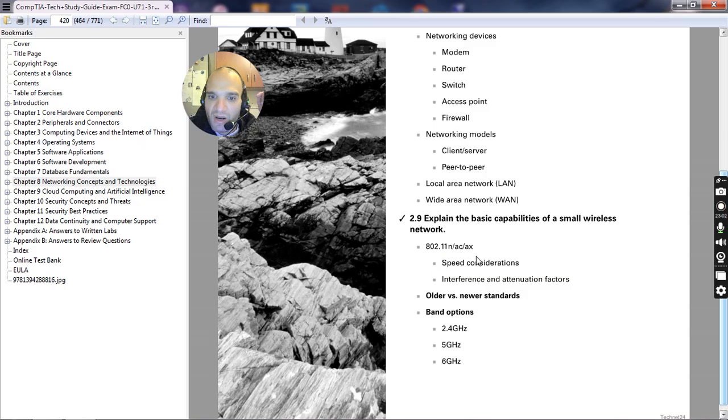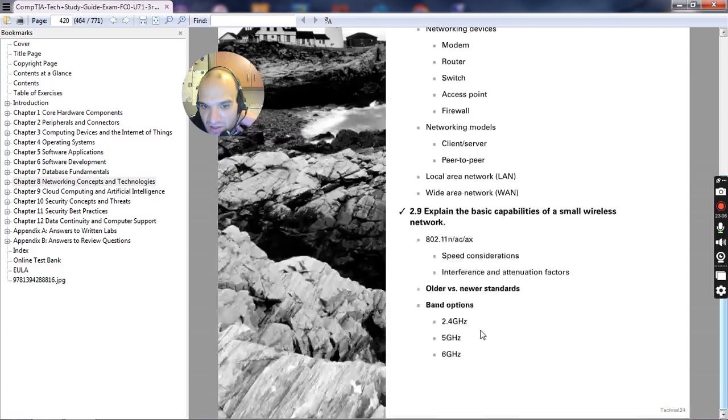These are wireless networking protocols that operate in different frequencies and in different speeds with different compatibility, speed considerations, interference and attenuation factors. Older versus newer standards, band options 2.4 GHz, 5 GHz, 6 GHz.